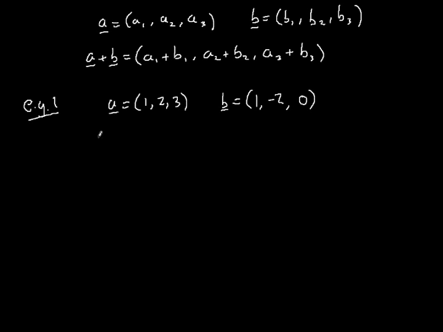So, two vectors A and B. For the addition of these two vectors, the first number will be 1 plus 1, the second will be 2 minus 2, because when we add a negative number, it's effectively subtracting it, and the third is 3 add 0. If we evaluate these, 1 plus 1 is 2, 2 minus 2 is 0, and 3 plus 0 is 3. So that's the vector A plus B.